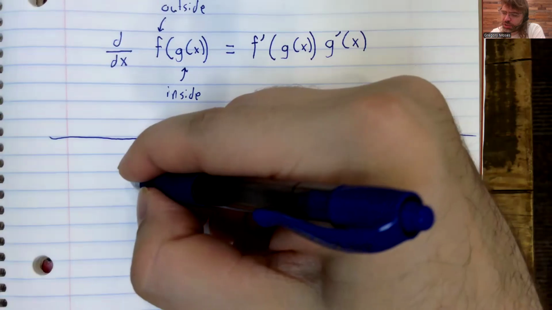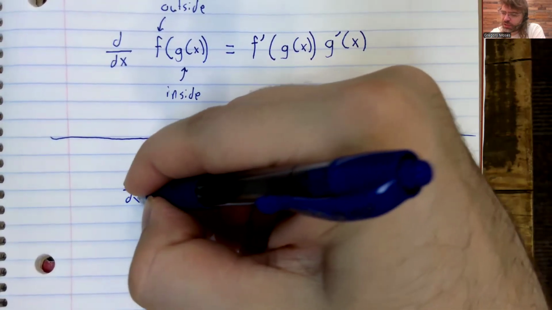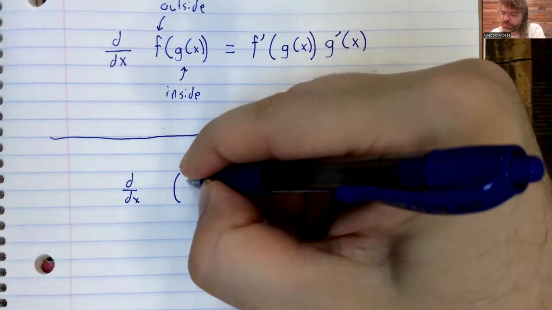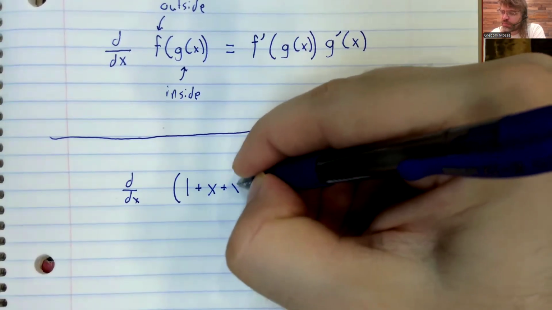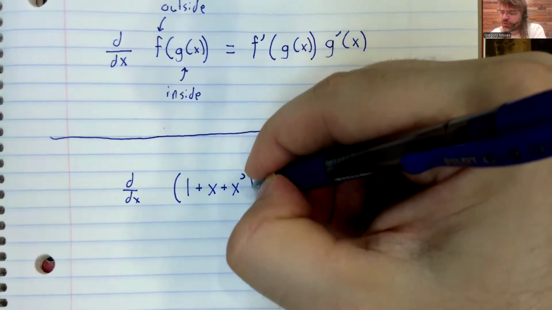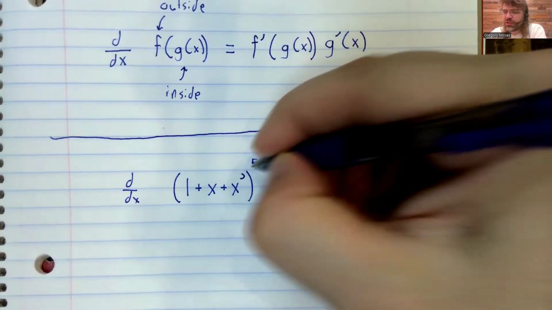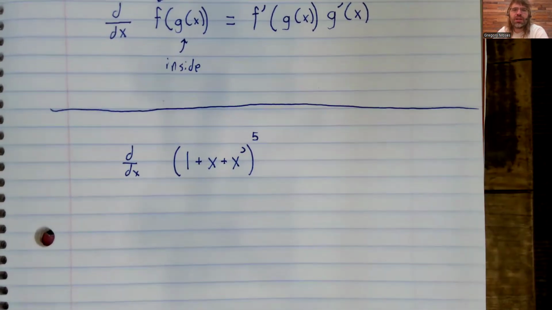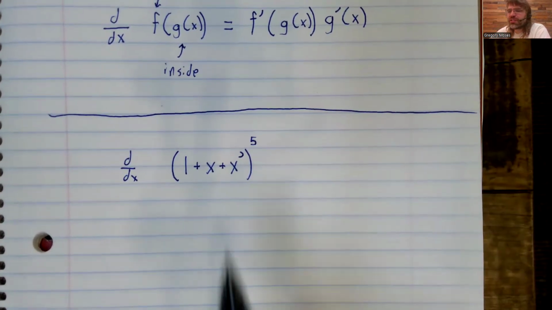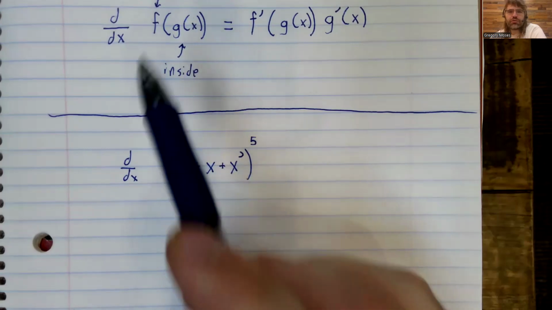Let's look at the derivative of 1 plus x squared, raised to the fifth. We're going to take derivatives that look like this so often that ultimately we'll just memorize a rule that we call the generalized power rule for dealing with it. But let's try to take care of it using the chain rule.